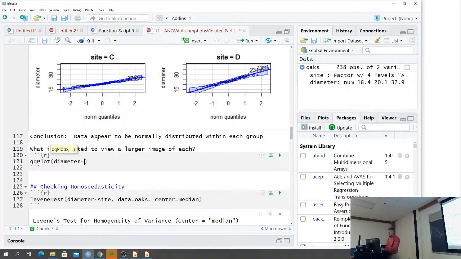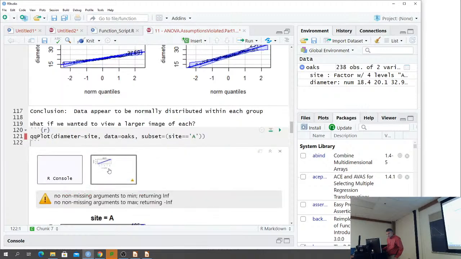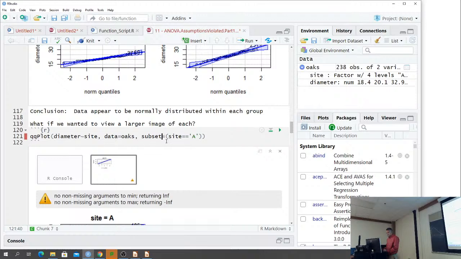Diameter as a function of site, data is oaks, and then subset equals, I'm going to use parentheses here, site equals A. Not going to work. Yes, QQ plot doesn't. Subset works.